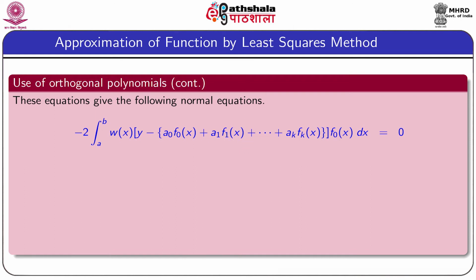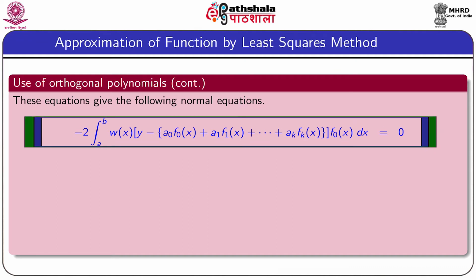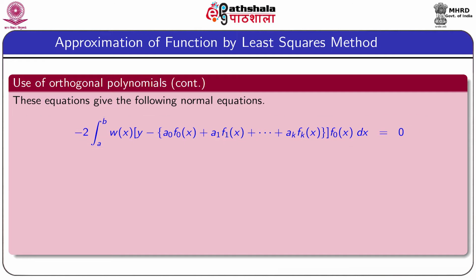After differentiation, the first normal equation is minus 2 into integration a to b w(x) into (y minus (a0 f0(x) plus a1 f1(x) plus dot dot dot plus ak fk(x))) into f0(x) dx equal to 0.